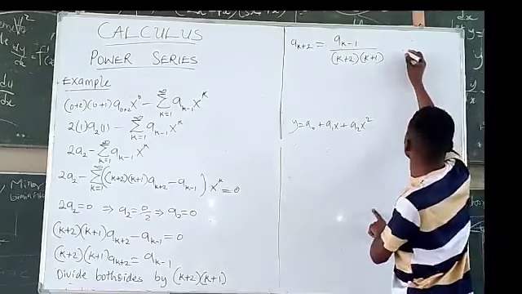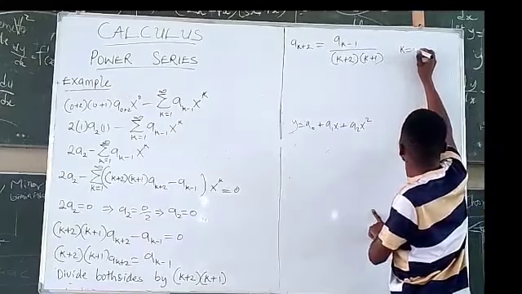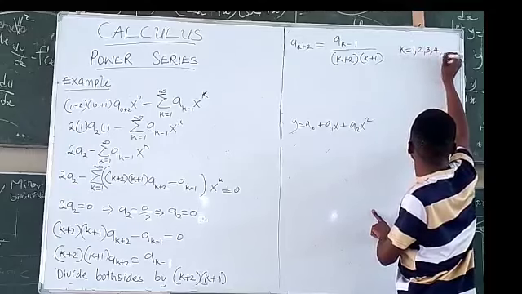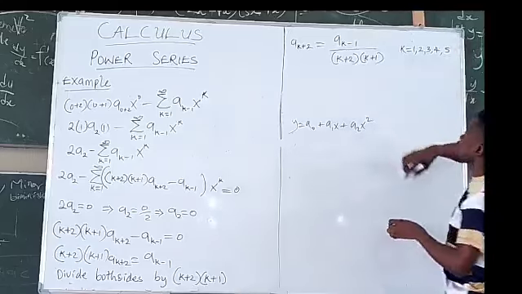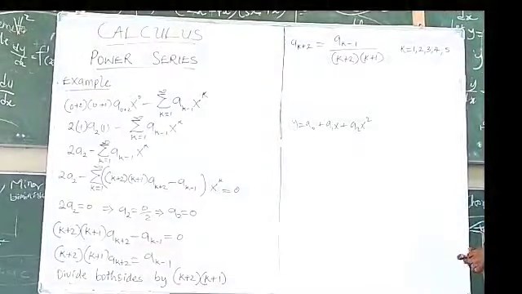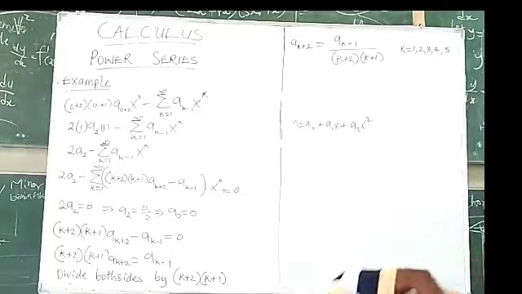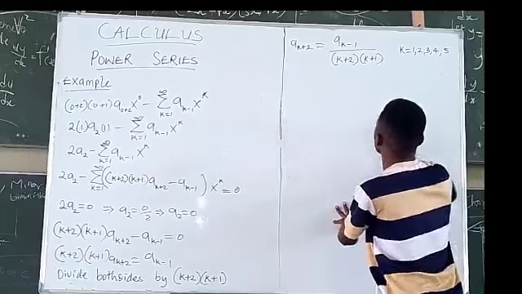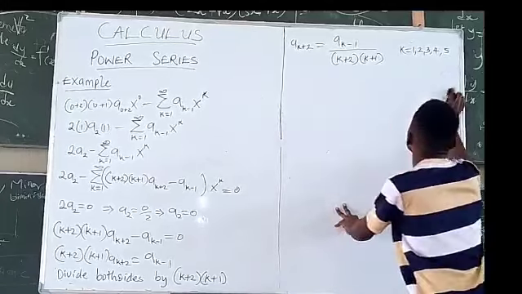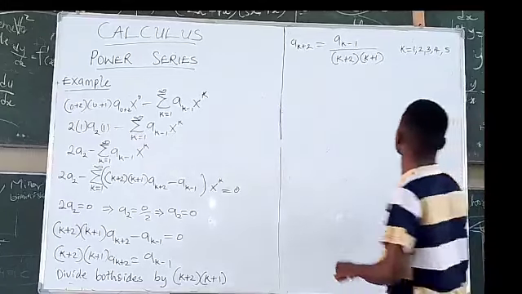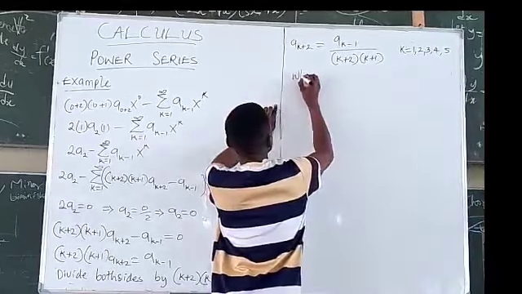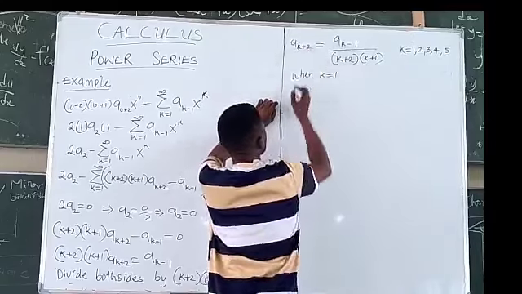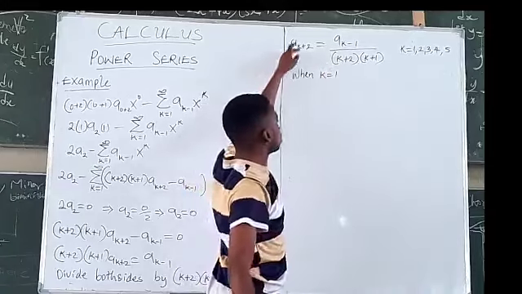So let's say k is 1, 2, 3, 4 to 5. When k is equal to 1, we substitute k into this.